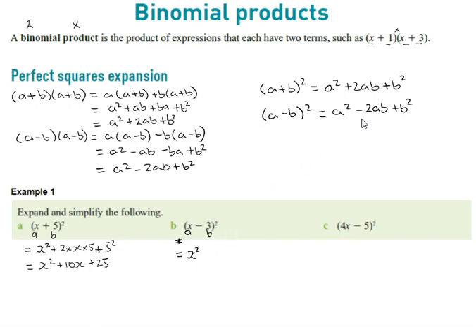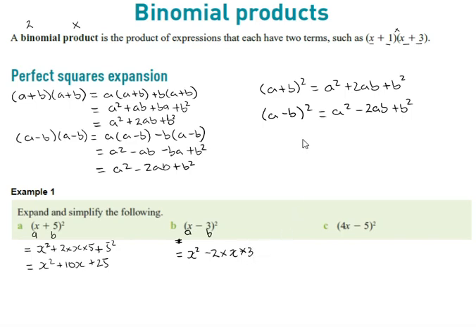Now, I've got a minus 2 times A times B. You need to be careful: the minus here and the minus here are the same, so we're just going to leave them. Realistically, I'm just worried about the 3. So I've got a minus 2 times an x times a 3.